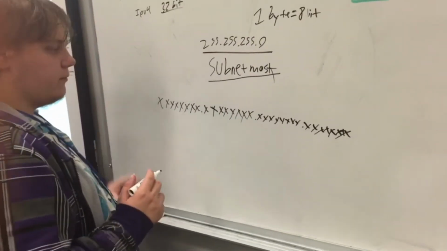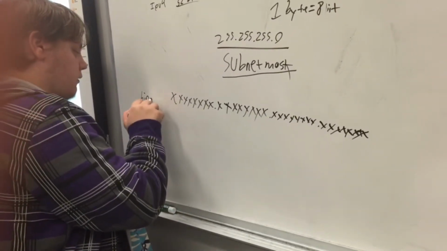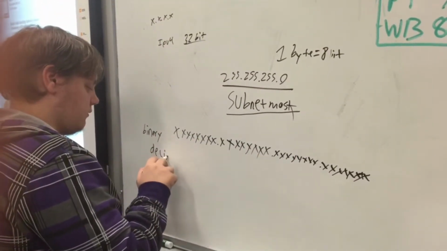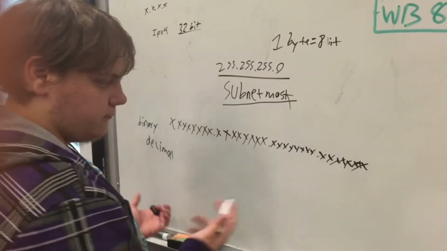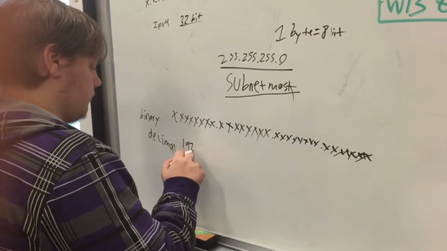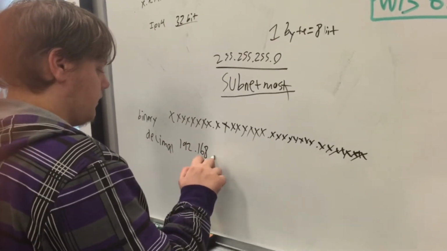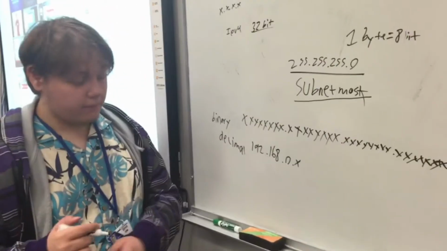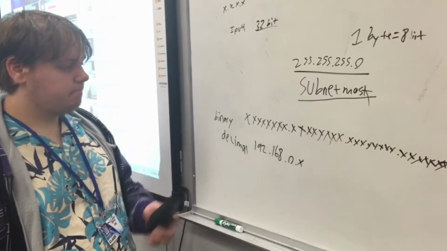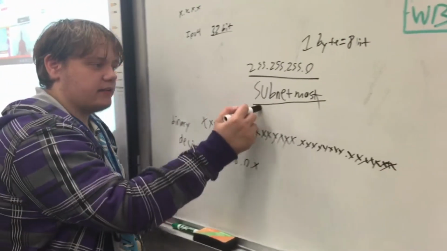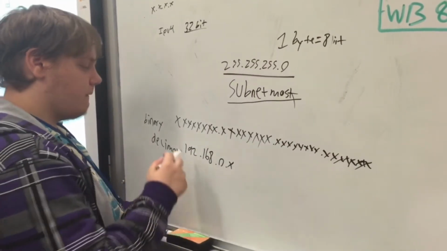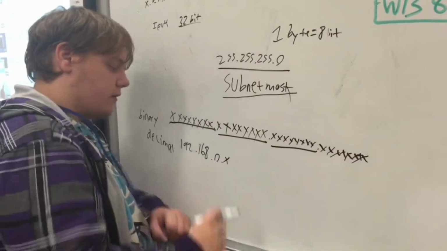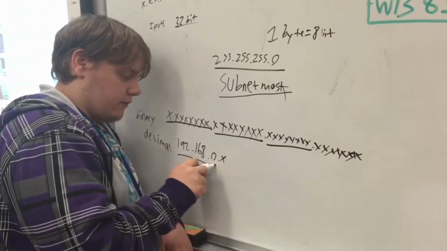That's why we changed this, which is binary, to decimal. Which would be 192.168.0.x. Whatever you want for your private IP address, your nickname. So, pretty much.